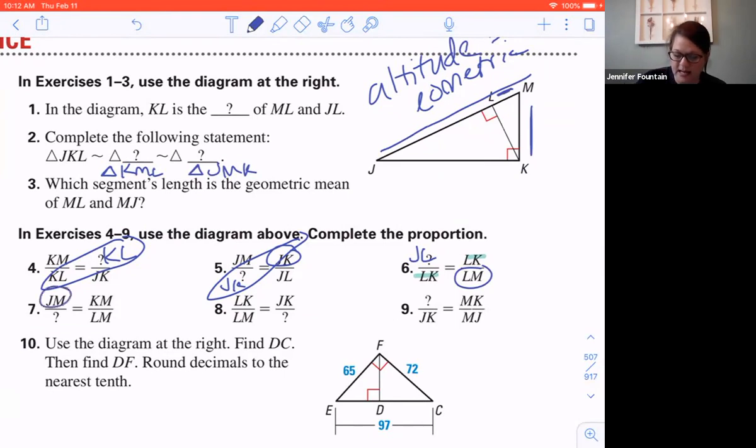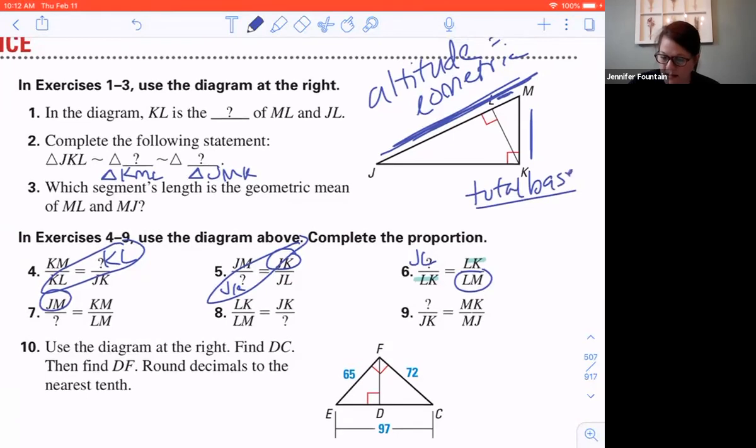In this one, JM, that's my total base, right? So if I have total base over something is equal to KM, which is a leg, over the segment adjacent to the leg.